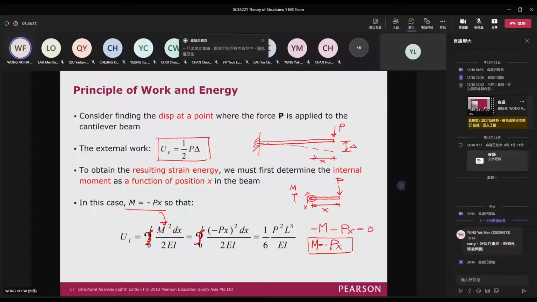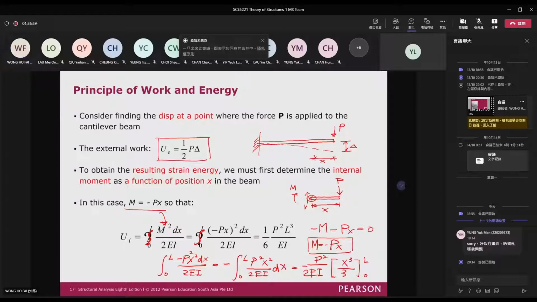So you have your integration of negative Px here. And then you integrate from 0 to L, and you have negative Px squared dx over 2 EI, which is equal to negative P squared x squared over 2 EI dx, so negative 1 over EI P squared x cubed over 3 from L to 0.